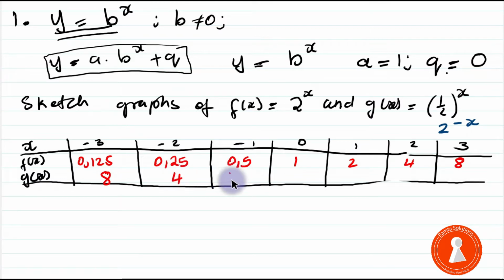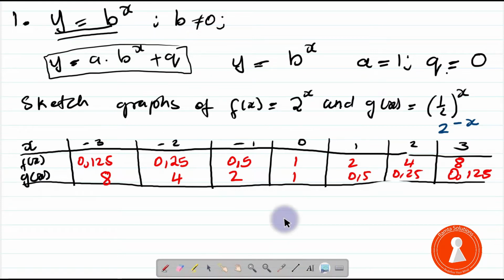Okay, I think it's the reverse of this: 1, 0.5, 0.25, and 0.125. Okay, so now I want us to plot these graphs. So let me copy them.